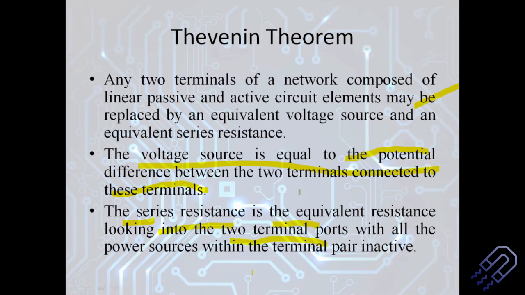At that point, you don't need to know the effect that voltage has on this resistance. So we remove that voltage source. Even if there is a current source, we remove that as well, and we just have the resistance plain and simple, and then we study it. Once we study that resistance, we can get the equivalent resistance. That is what we are going to do in Thevenin theorem.